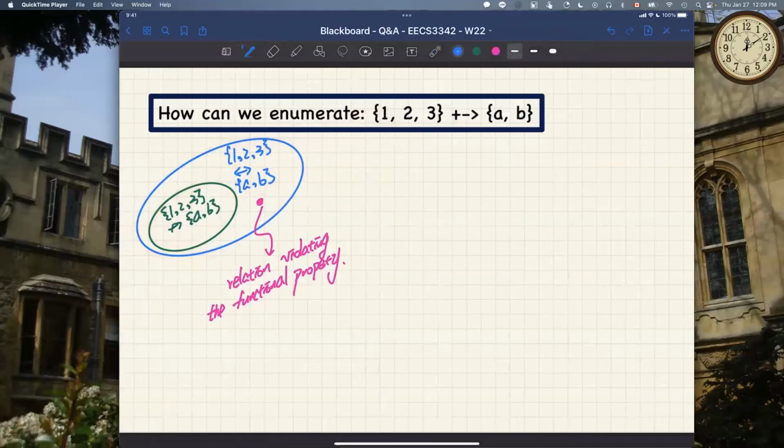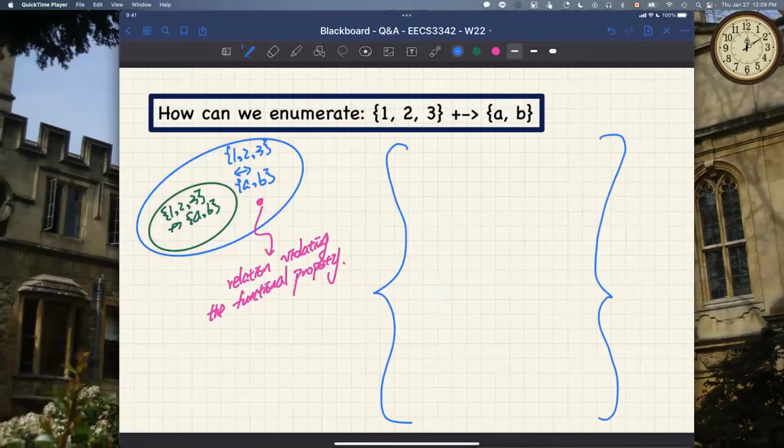Let's now do that. I'm going to have a set over here eventually. Let's talk about relations first. What will be the minimum relation between this and this? Empty set. That one is obvious, right? And now the question is, is this empty relation at the same time a partial function?